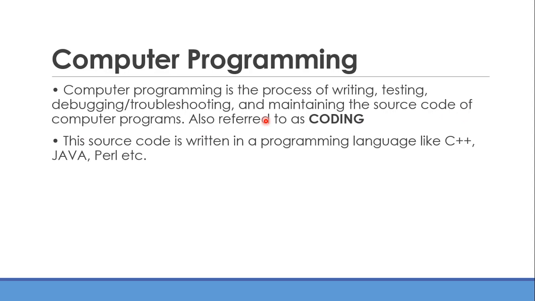So, usually pag magbuhat na kag program, dili na computer programming imong gibuhat, you're doing is you're coding. Tanan basta unsa nga language, basta you are writing a code, ang tawag na is coding. This source code is written in a programming language like C++, Java, Perl, and etc.